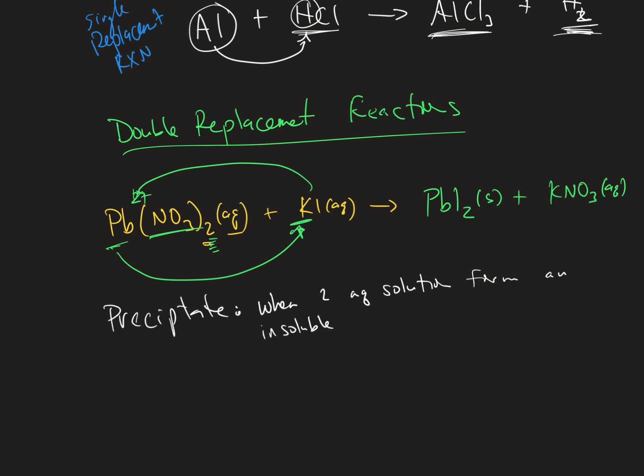What does it mean to be insoluble? Does not dissolve. That means it's just going to be a solid. So when two aqueous solutions form an insoluble substance, or in other words, a solid.